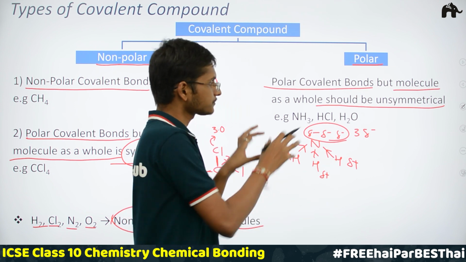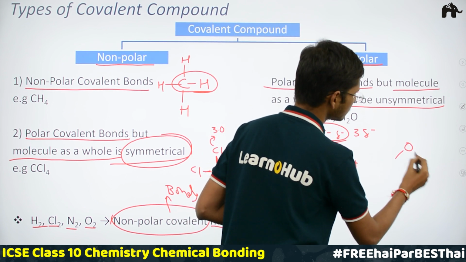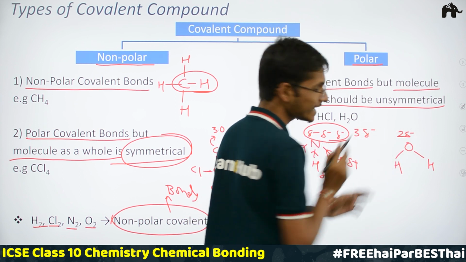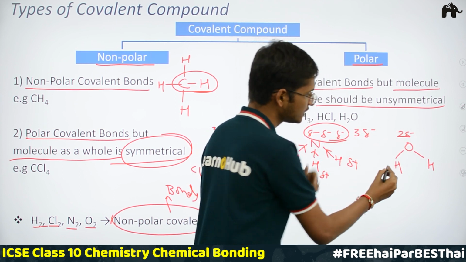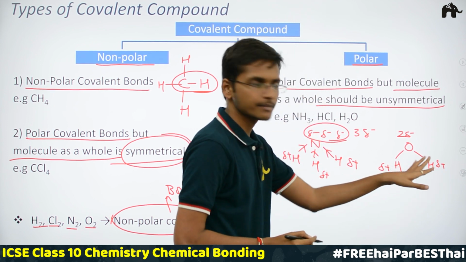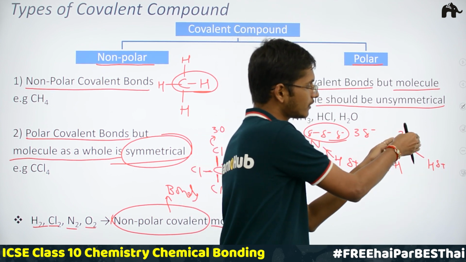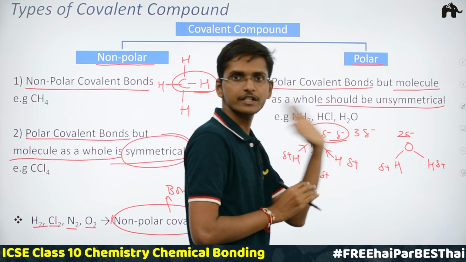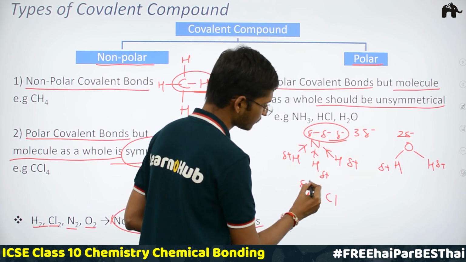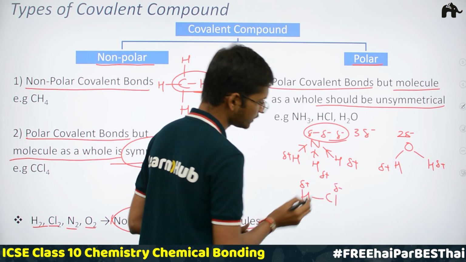Next is water, and this is its structure. Here each hydrogen develops a slight positive charge, so oxygen develops two slight negative charges. Then in HCl, we already know, there is a slight positive charge on hydrogen and a slight negative charge on chlorine.